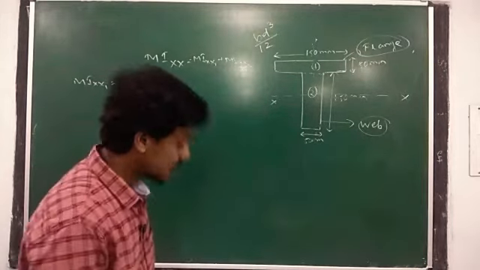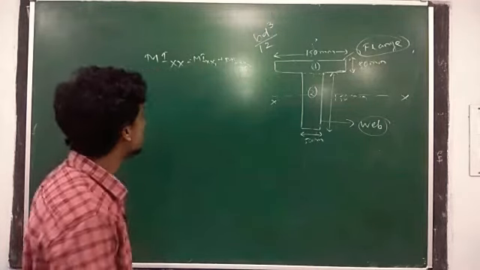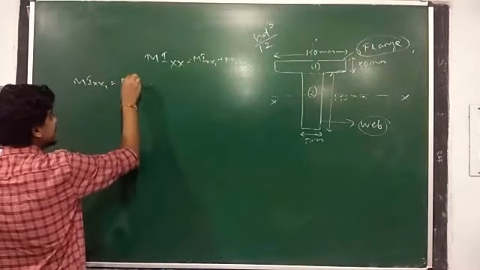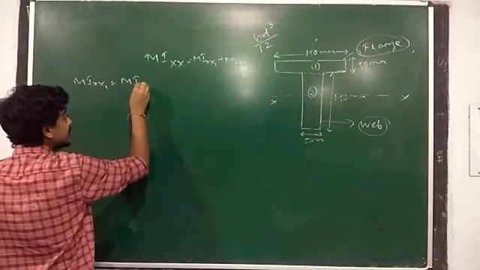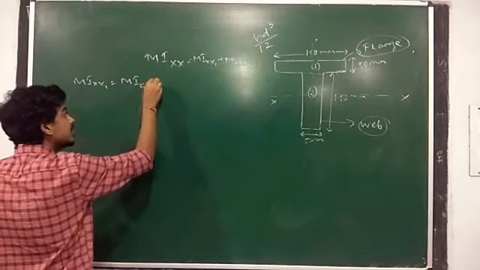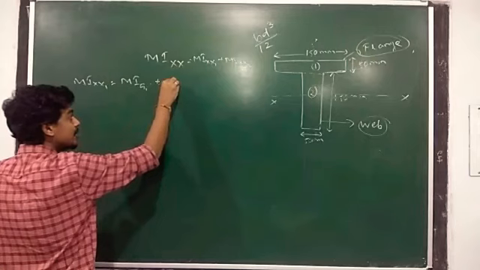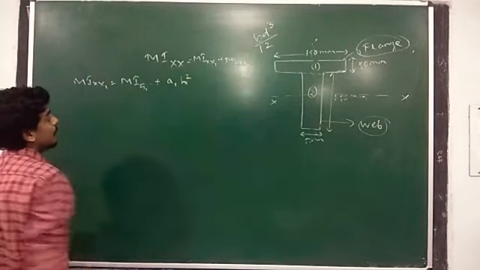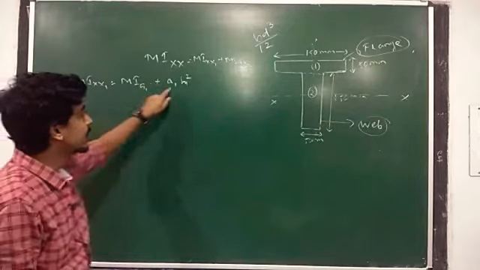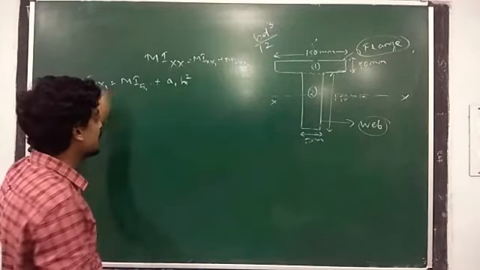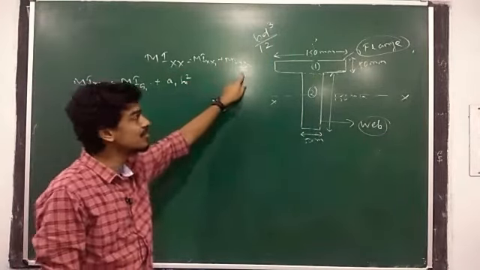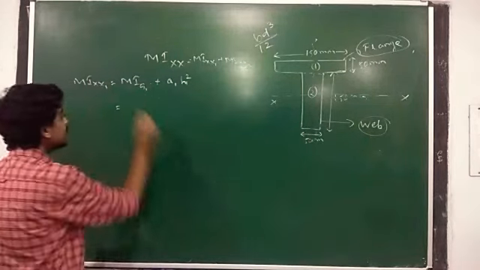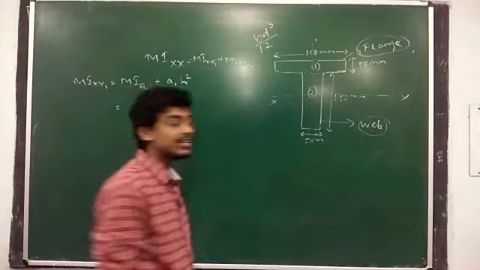According to the parallel axis theorem, the moment of inertia about any axis is equal to the moment of inertia about the center of gravity plus the area of that section into h squared. So we have to calculate three values for MI XX1. Like this we will calculate MI XX2. First, the moment of inertia about center of gravity 1.